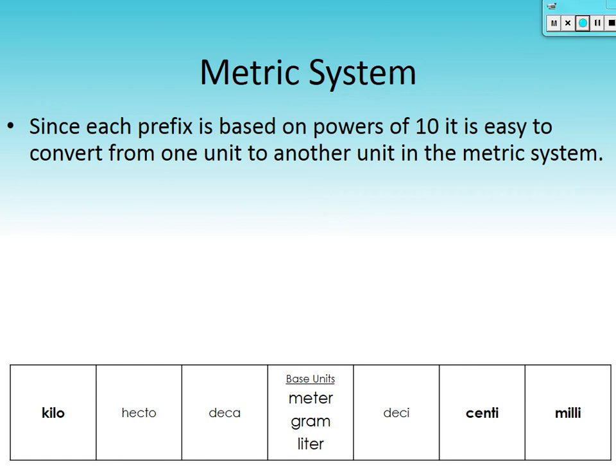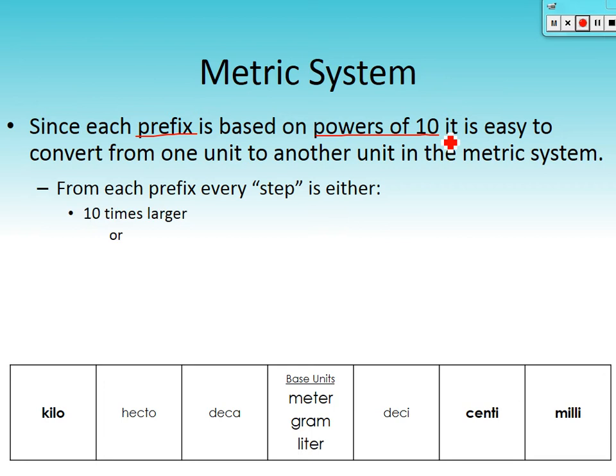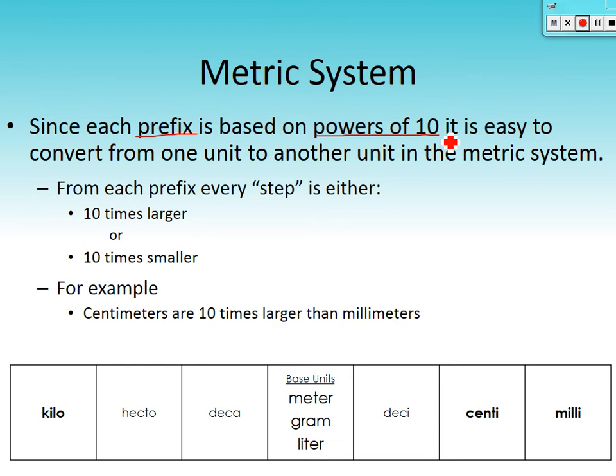So the metric system, each prefix is based on powers of 10. So it's the prefix that's based on powers of 10, and it's easy to convert from one prefix to another prefix in the metric system. From each prefix, every step is either 10 times larger or 10 times smaller. For example, let's look here at centa. Let's talk about meters. So centimeters.